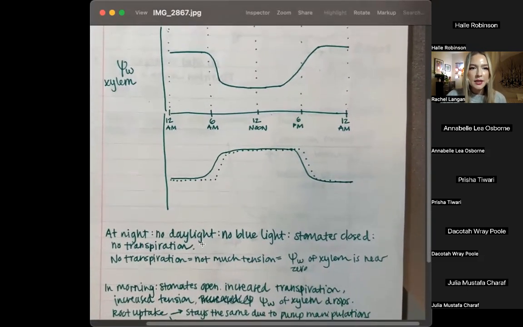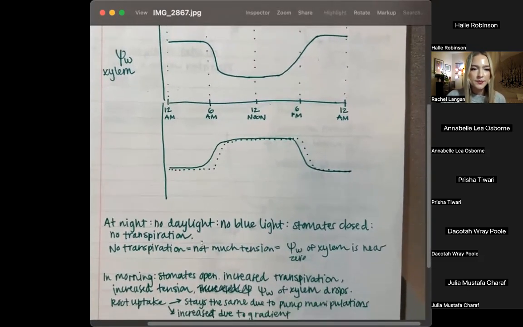And then in the morning, around 6 a.m., we get some blue light. We're going to open up our stomates, so we get an increase in the transpiration rate. And that increase is going to cause the xylem water potential to drop because we're increasing that tension, increasing negative pressure, decreasing water potential.